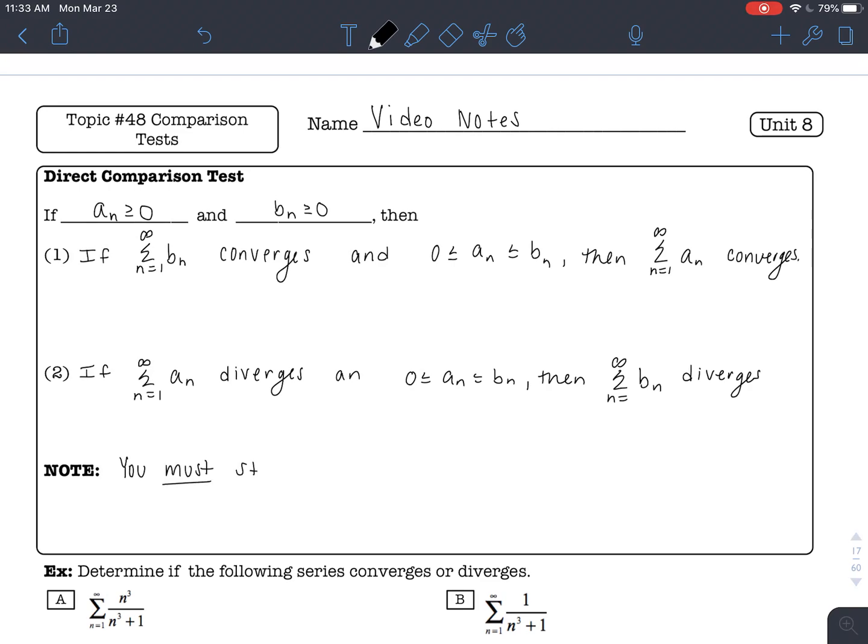And you want to always take note that you absolutely must state the inequality when you state the conclusion of the test.